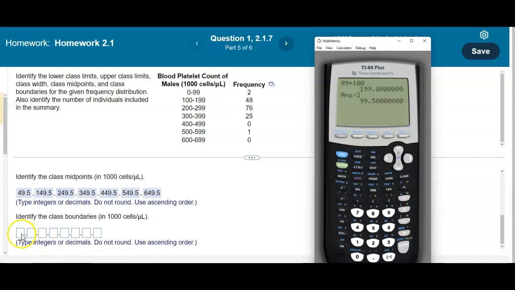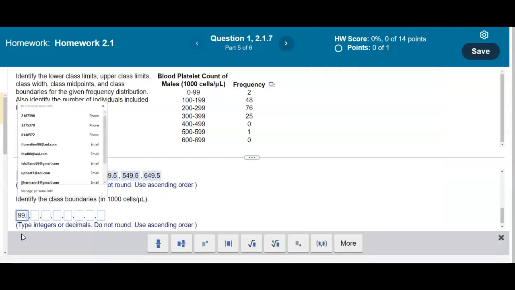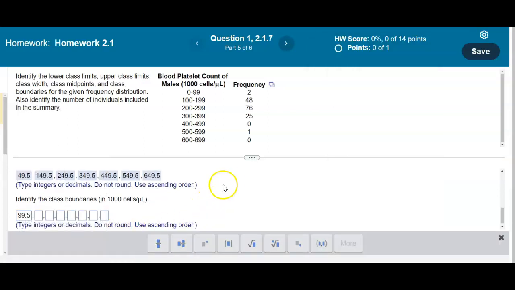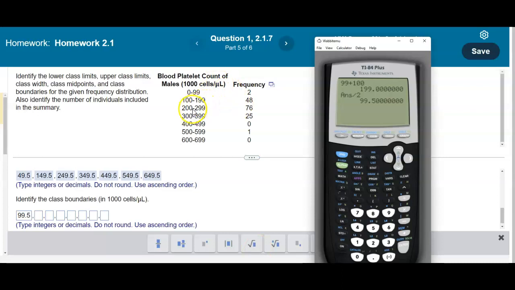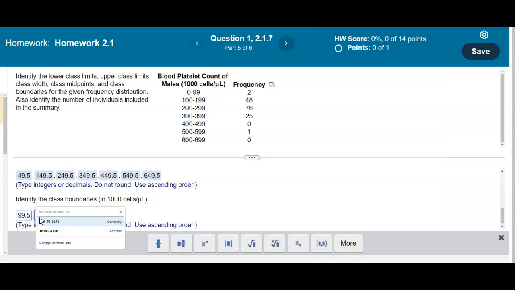And that gives us 99.5. Okay, and then we're going to take 199 and then add 200, and then divide that by 2, and that gives us 199.5.